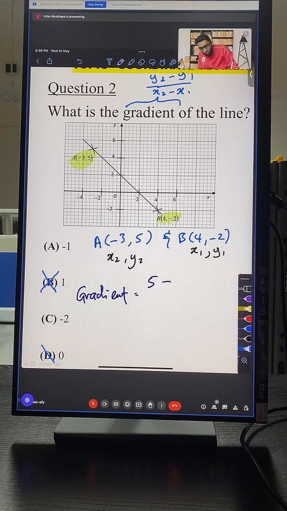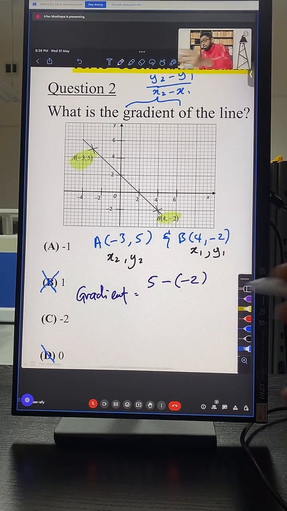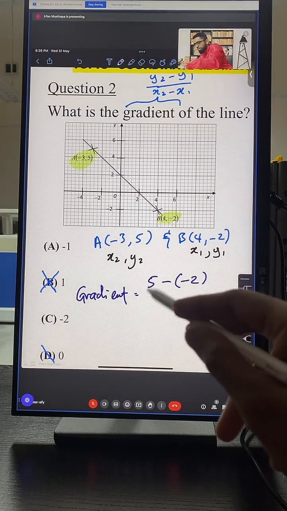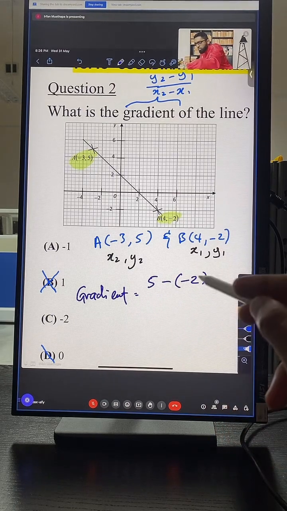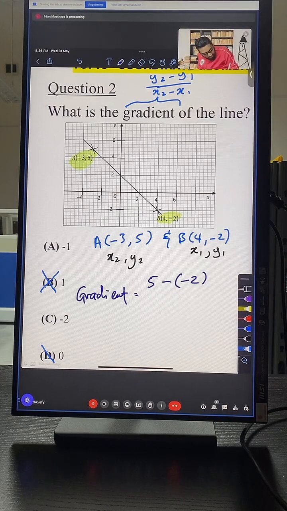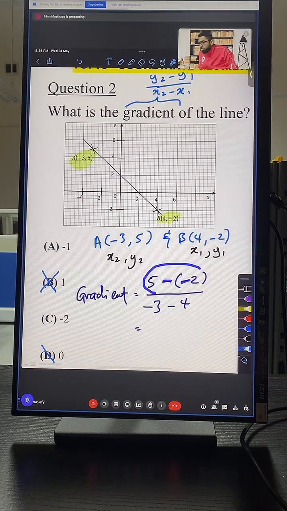Put a bracket because y1 is negative 2. So again, y2 minus, put a bracket, y1 is there, and everything divided by x2 minus x1. Very nice. 5 minus minus 2, what happens here is a positive value. When two negatives come together, you get a positive there.